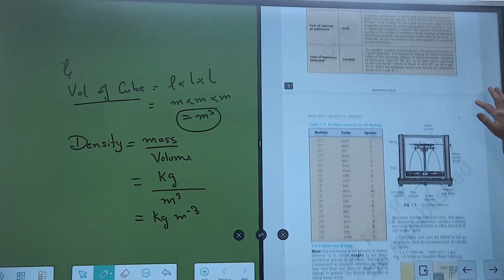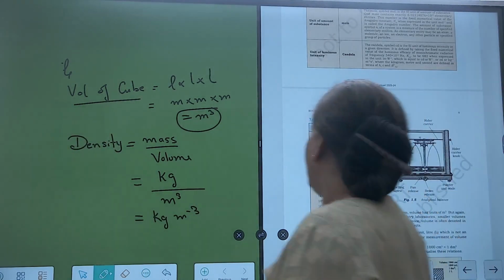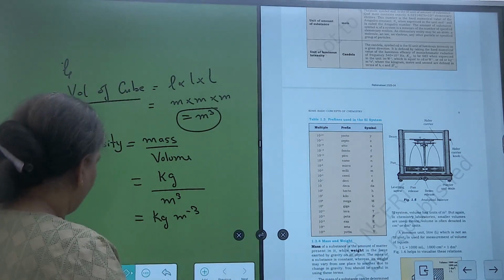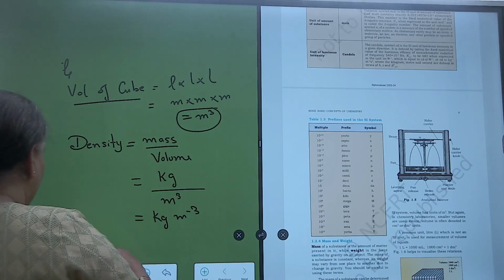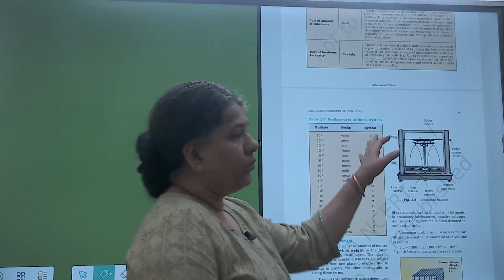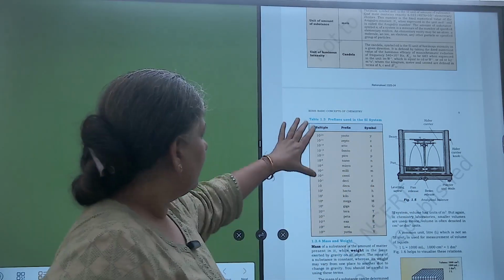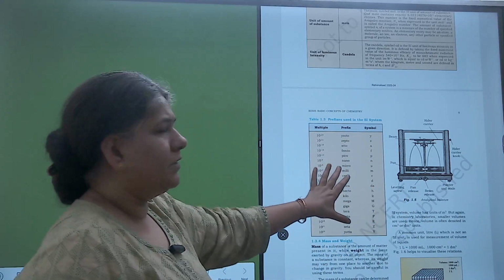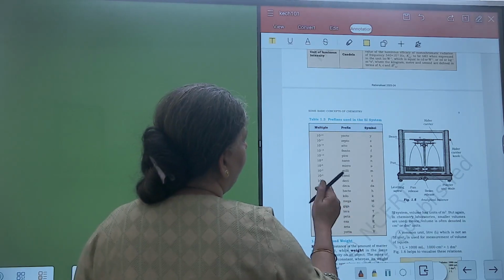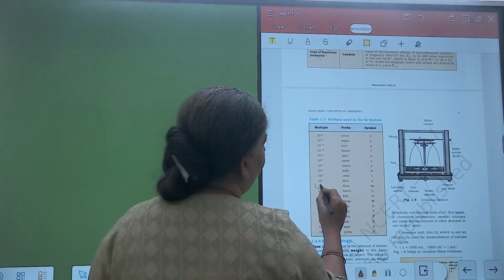Now the prefixes used in SI system, which is again very important and essential that you must remember. These are multiple prefixes that are used. You begin remembering from here.